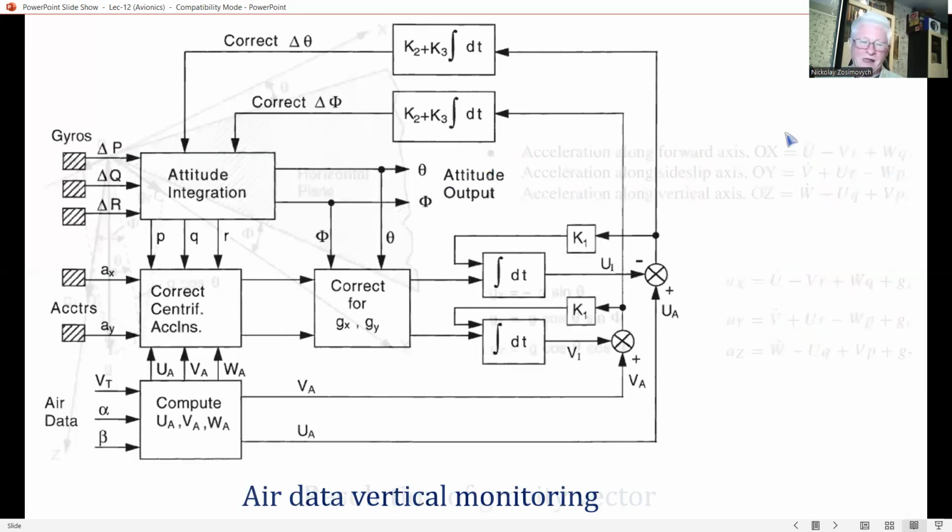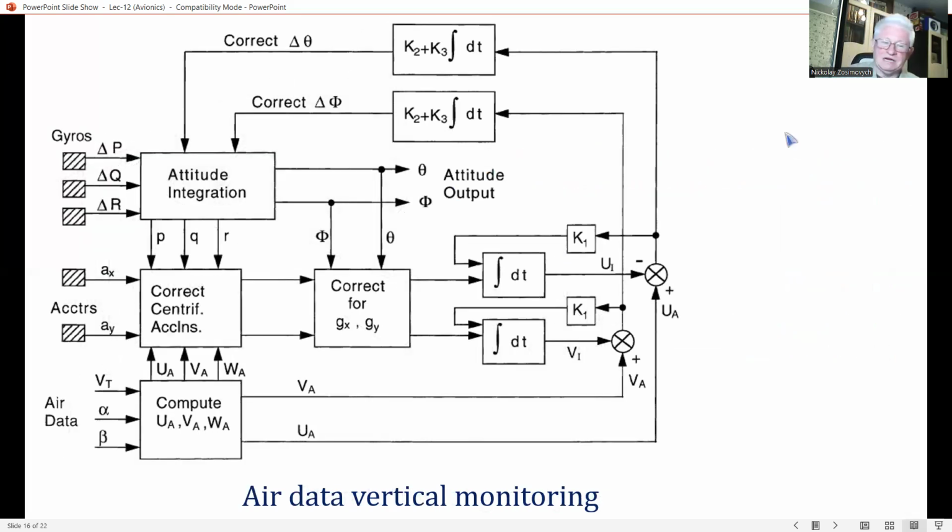So the air data inertial velocity mixing loop. The overall air data or inertial velocity mixing loop is shown in this slide.